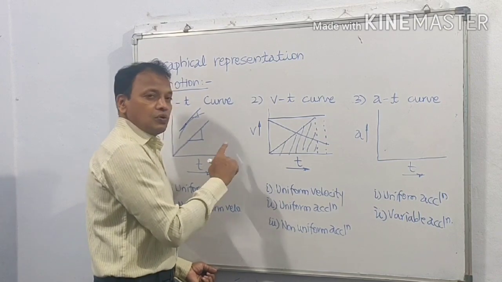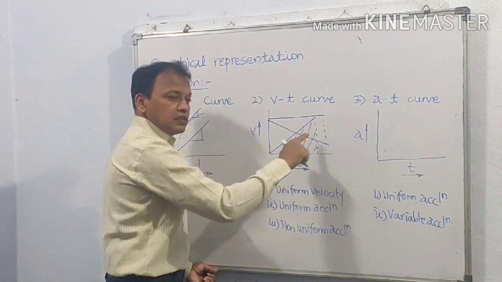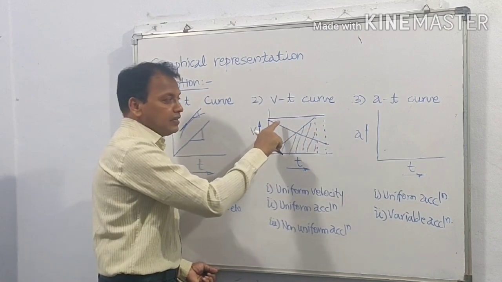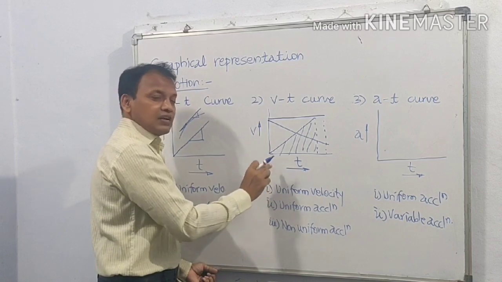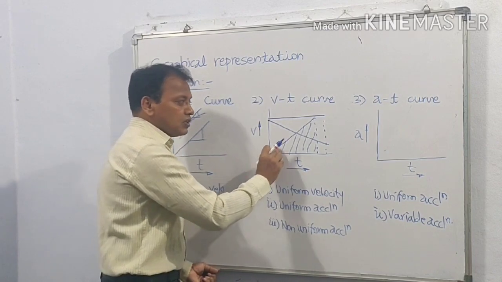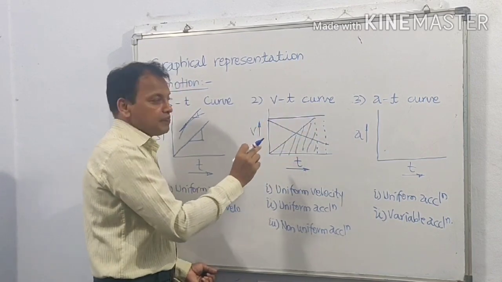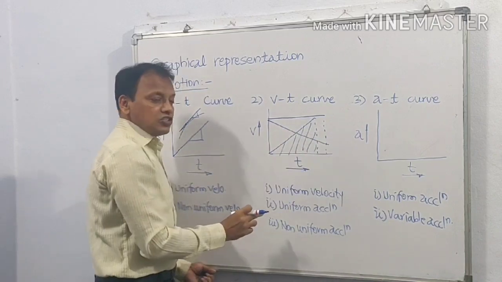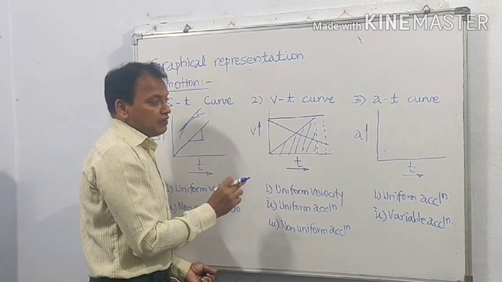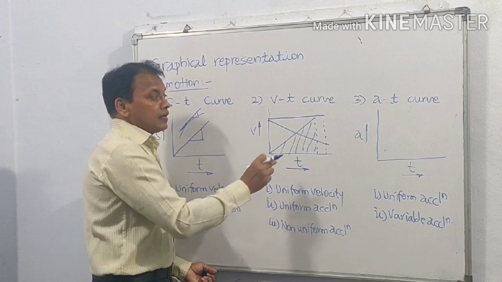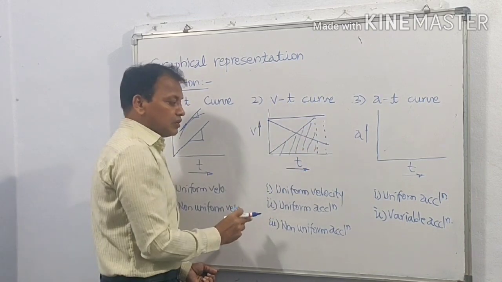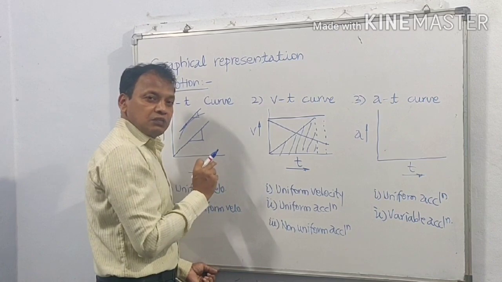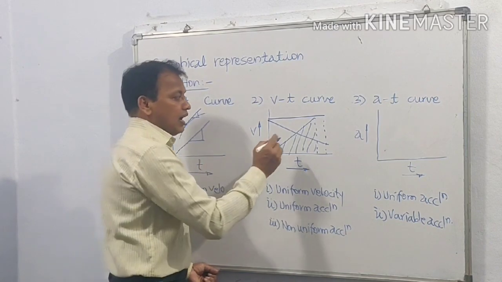For the VT curve, when the velocity is uniform, the line is parallel to the x-axis. When there is positive acceleration, it is a uniform straight inclined line, and for retardation, it has a decreasing gradient.